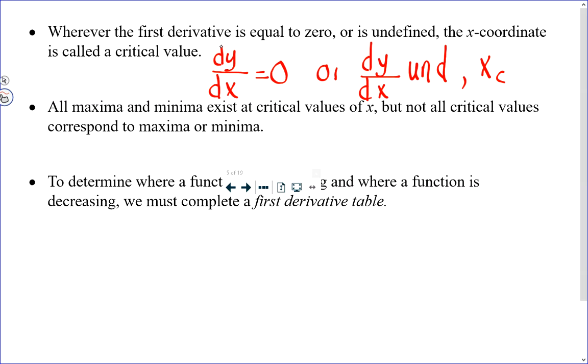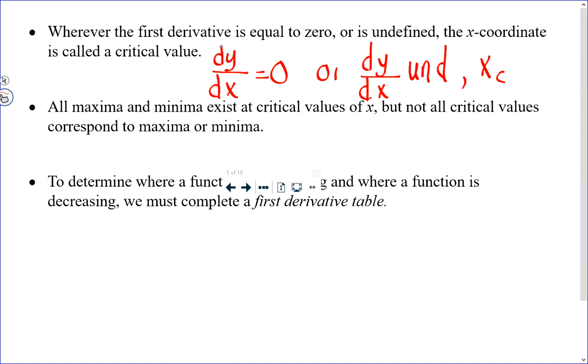But not all critical values of x correspond to maxima. So you have all these critical values of x, and some of them correspond to maxima, but not all of them. Some of them correspond to minima, but not all of them. I'm using an analogy here.